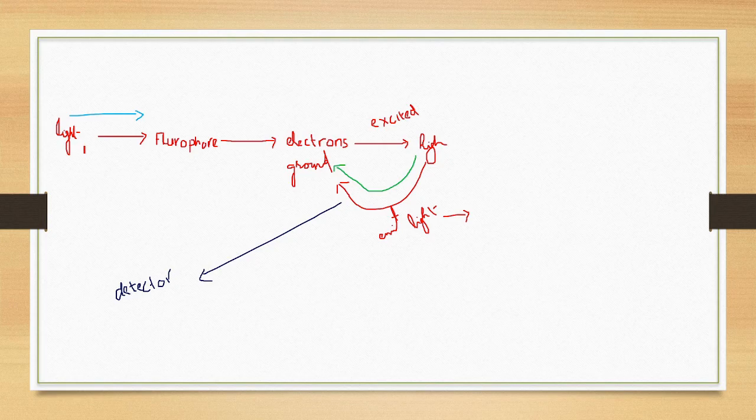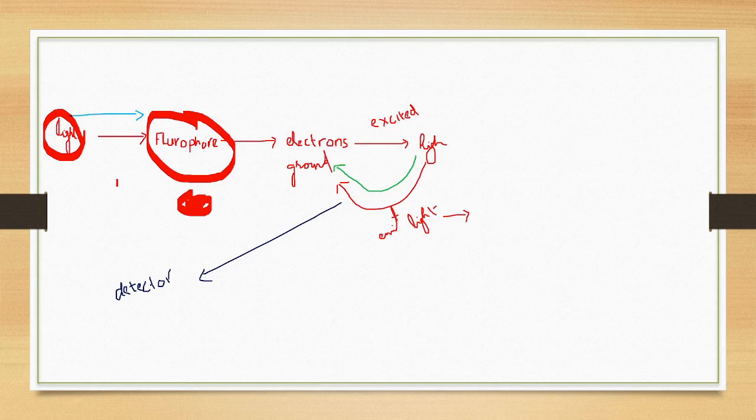We already discussed the source of light. This light will be absorbed by the fluorophore present in the specimen. Suppose the specimen absorbs only one particular type of light, say blue.